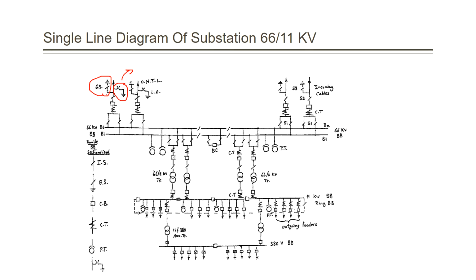It is used to discharge any available charges in the transmission line. Why do we do this? In case of maintenance of the transmission lines, we have to make sure that no charges are available on the transmission lines. So that is the benefit of the ground switch.